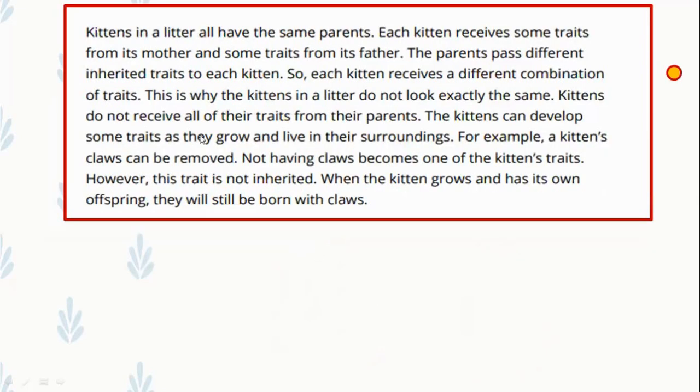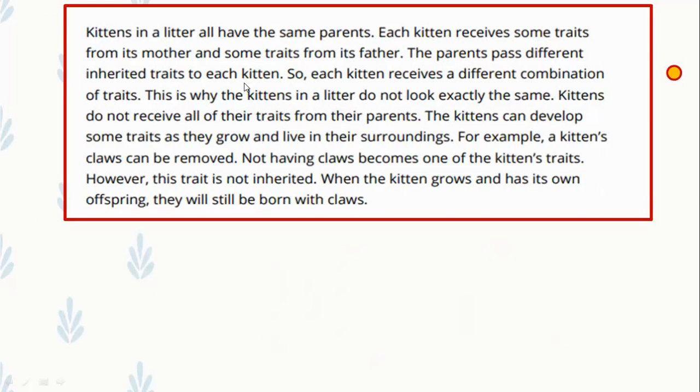Let's move on. Kittens in a litter all have the same parents. Each kitten receives some traits from its mother and some traits from its father. The parents pass different inherited traits to each kitten.